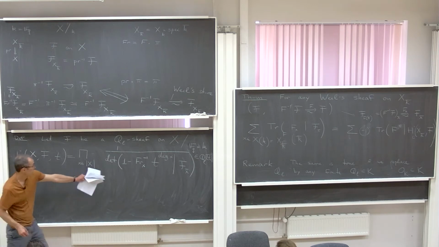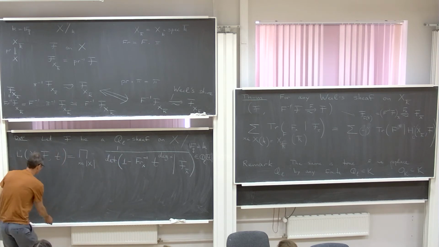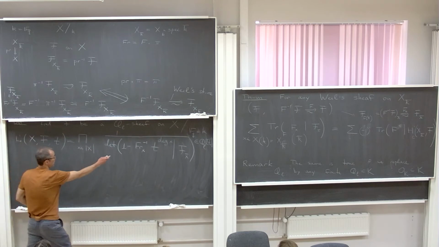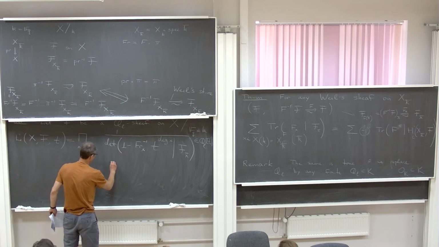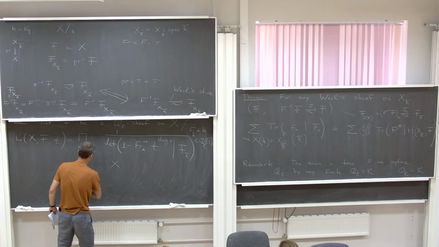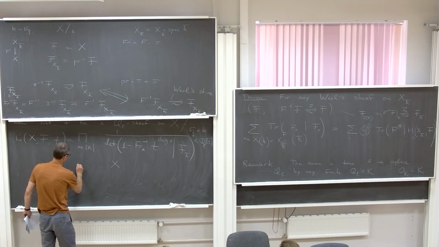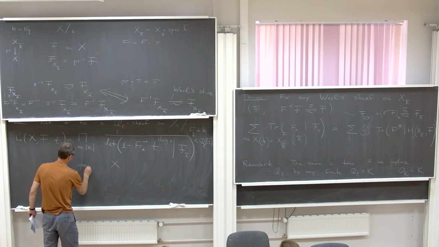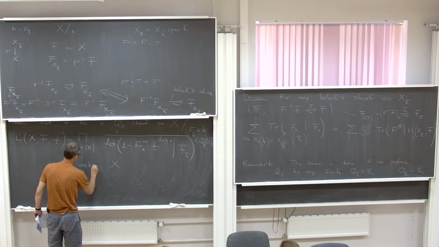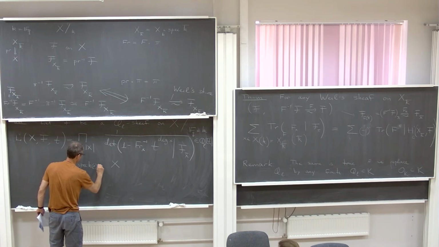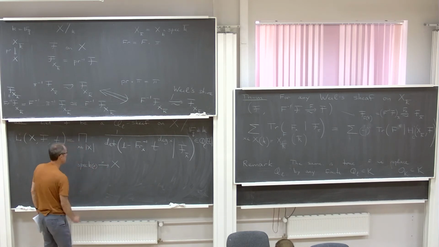I will explain this notation here. What do I mean? I have a point x, which is a map from the spectrum of a finite extension of the field k, its residue field. This is my x.